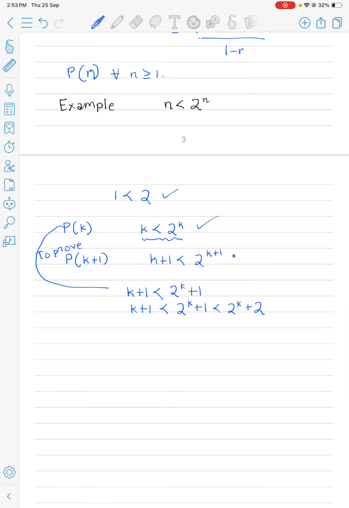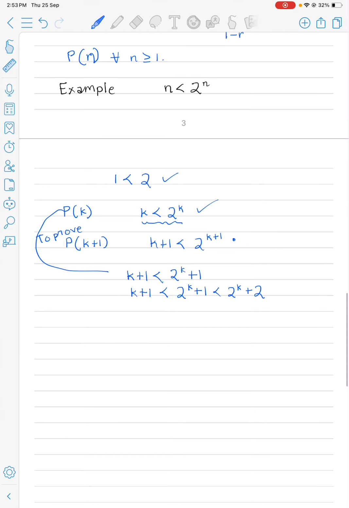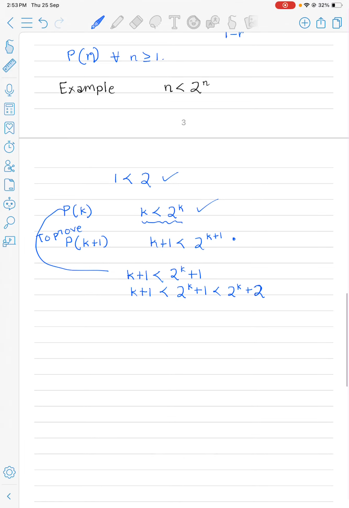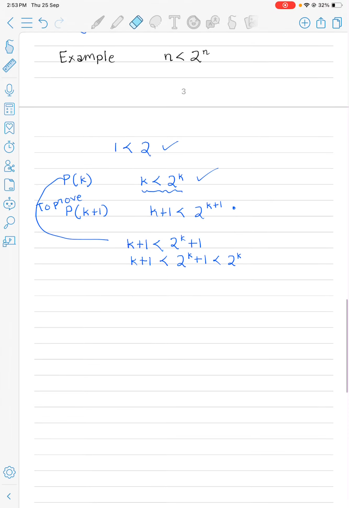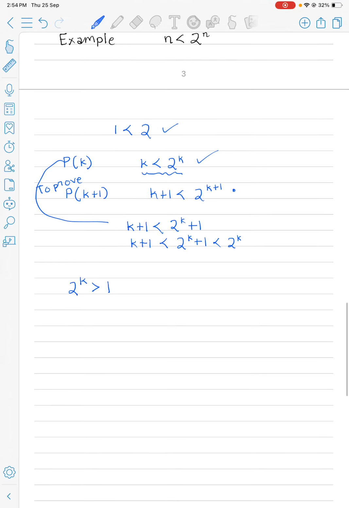Are you happy with this 2k plus 2? Because in fact, I think before this, do you know that 2k is greater than 1 for all k?